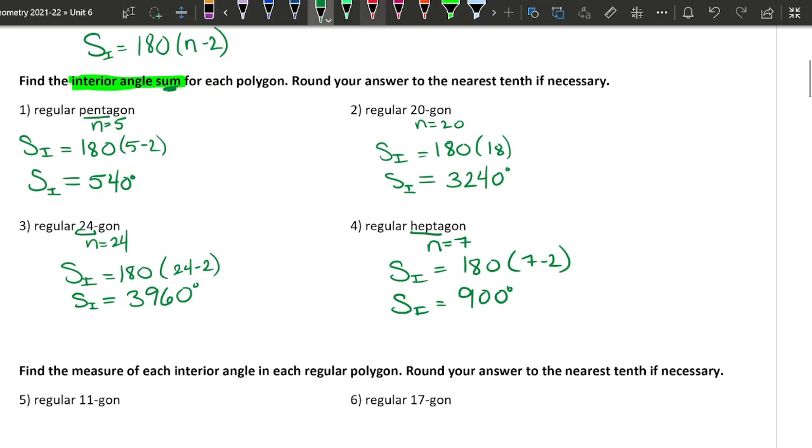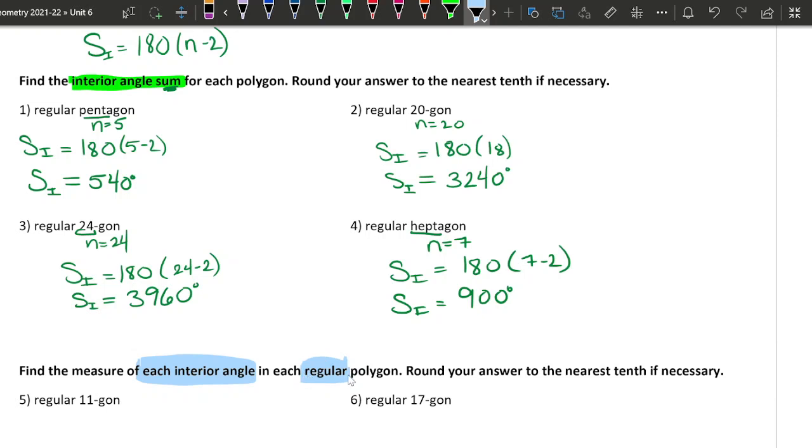So the next section, it says each interior angle. So that's each one of them. One interior angle, not the sum. So first you have to find the sum and then divide it by the number of angles, and for that it has to be regular.